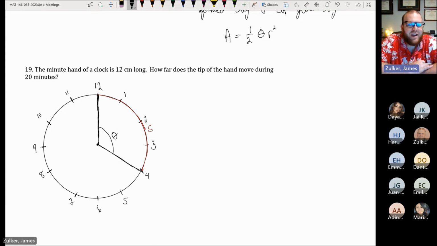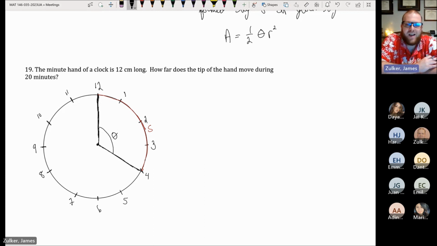We need that angle in radians. So that's an S, not a 5.